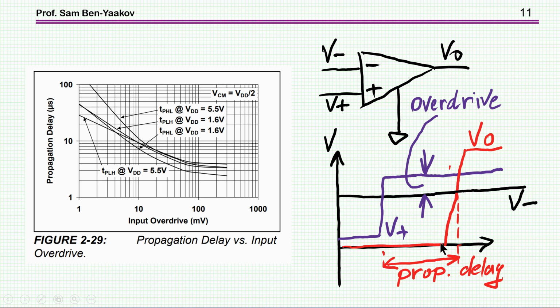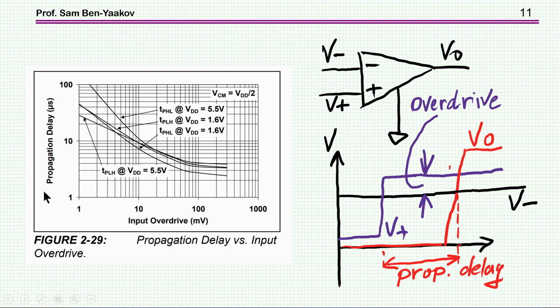This is the propagation delay. Now this delay is a function of this difference here, the overdrive. That is how much higher than the reference you are getting to. The higher the overdrive, the faster the unit will be, up to a certain limit.